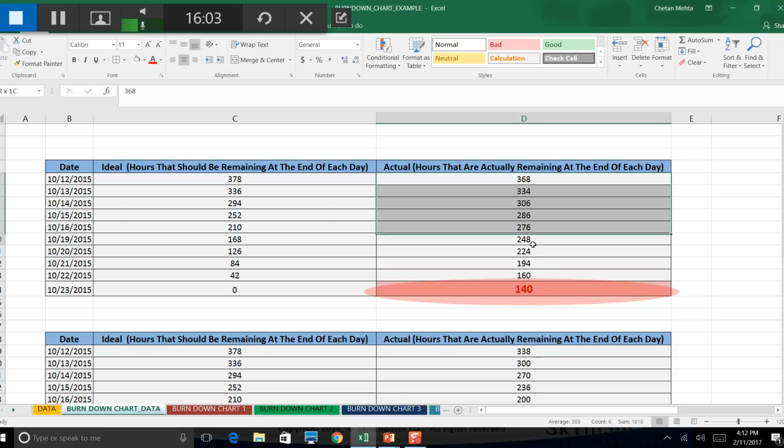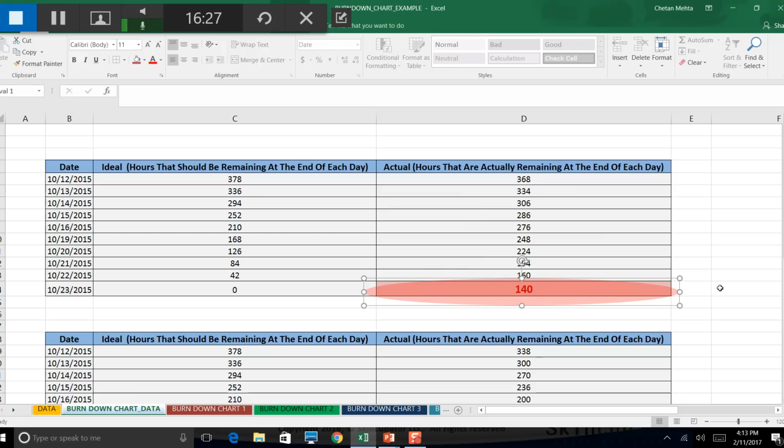So what is happening is, each day, instead of burning 42 hours and getting a constant slope, we are burning less than we were supposed to. So by the end of the sprint, 23rd October, when we closed the sprint, we had work worth 140 hours to be finished, which we could not finish.